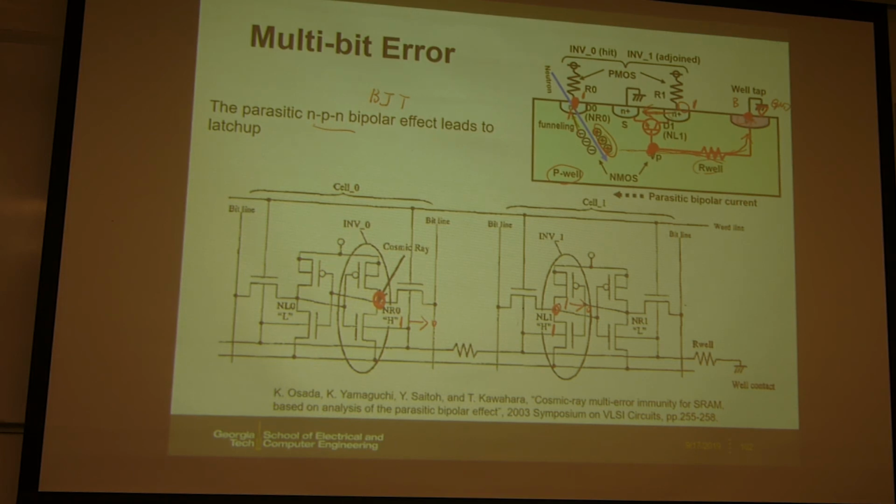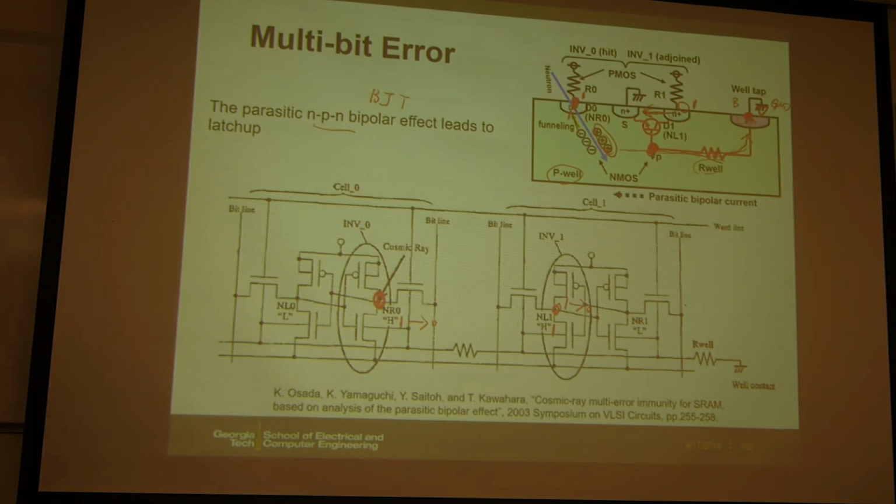I know this is a bit complicated, but the key point is that for normal operation, you never positively bias your substrate, right? That's why the body contact is always ground. Because the substrate is p-type, you don't want it to be positively biased for normal operation in any circuit, so you want your substrate to be ground.